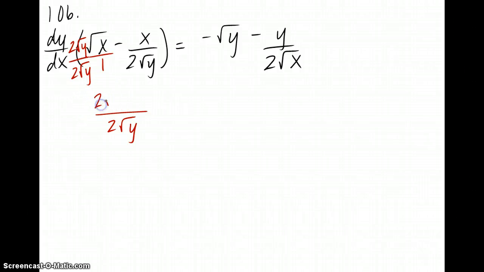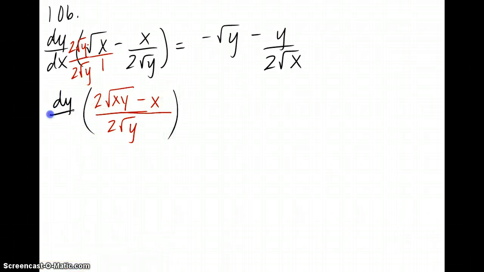So now I have 2 times the square root of xy minus x. When you're taking the square root of something times the square root of another term, we can just multiply what's underneath and keep the one radical. So this is my dy/dx. Now on the right-hand side of the equation, I'm also going to need a common denominator. That common denominator is now 2 root x.